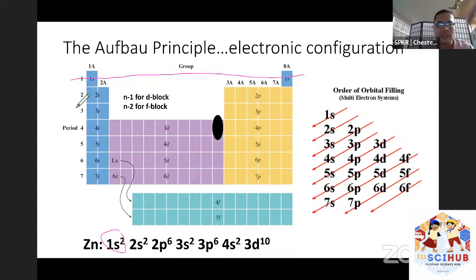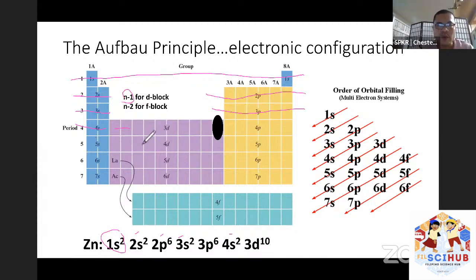Next, okay? 2s2, 2p6, okay? 3s2, 3p6. Okay? 4s2, and then pag pumapasok ka sa d block, n is minus 1 for the d block.